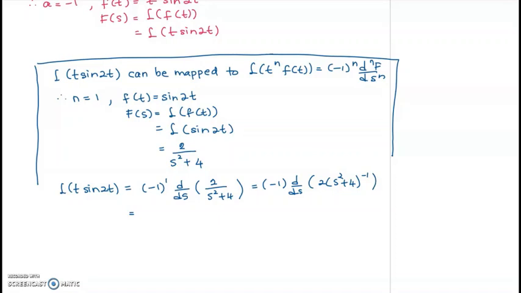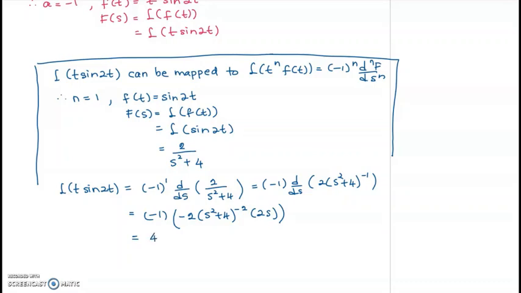So I have negative 1, and then the derivative is negative 2(s squared plus 4) power of negative 2, and then I have 2s, differentiating the s squared. I have negative 1 and negative 2 times 2s.